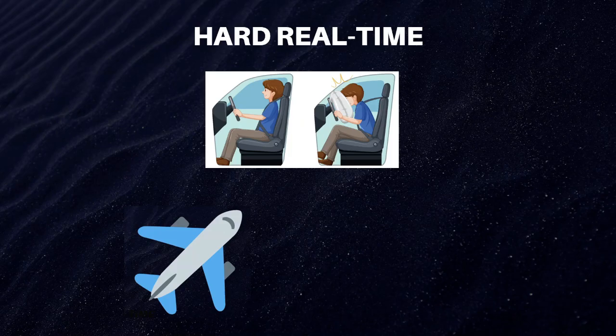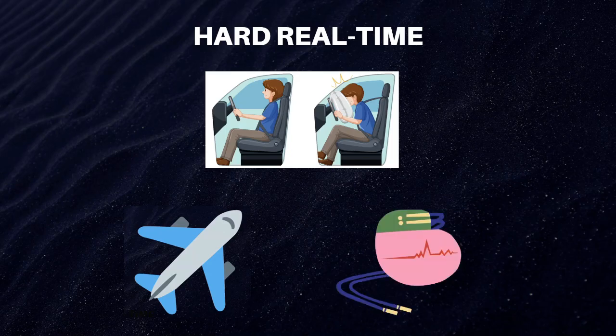Missing a deadline, like providing a clearance for a plane, could lead to accidents. And as discussed before, a pacemaker monitors the heart's rhythm and must deliver electrical pulses to the heart within a very precise time frame. Missing a deadline or failing to provide pulses when needed could be life-threatening.